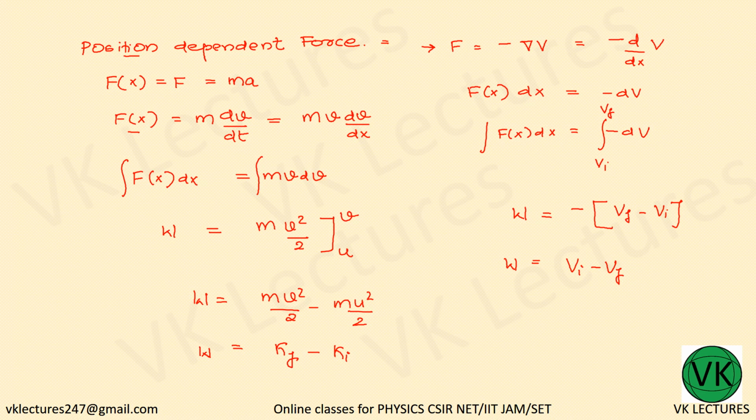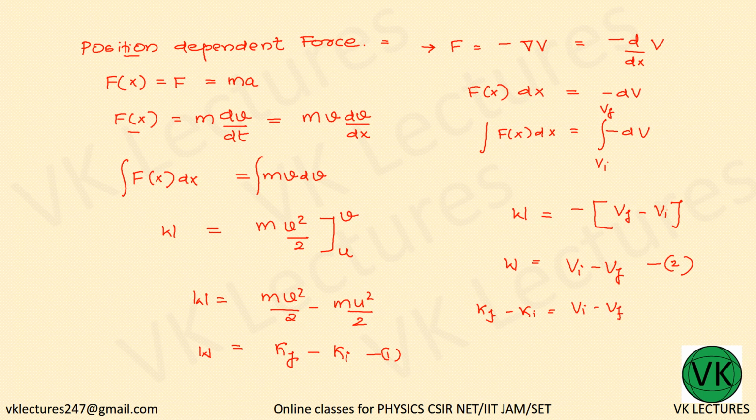Okay, so comparing these two equations, equation 1 here and equation 2 over here, both are work done, so we can write Kf minus Ki equal to Vi minus Vf.